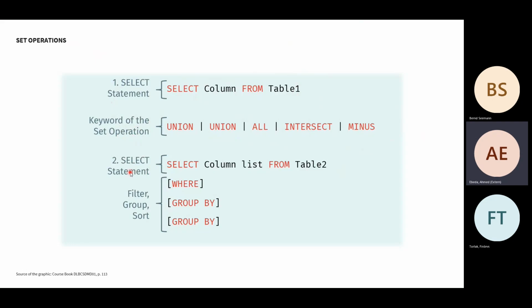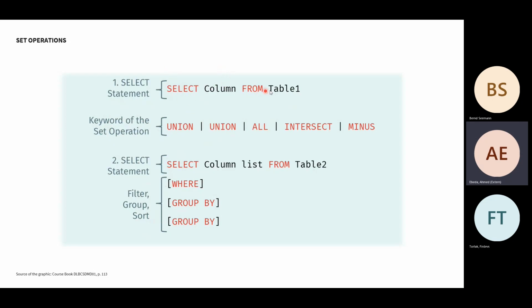And here you have something for filtration. First we start with the select, and then the keyword of this set operation, maybe union or union all, and then you start to filter based on where, and then you can use group by to group the different selections you have. This is how we write it.